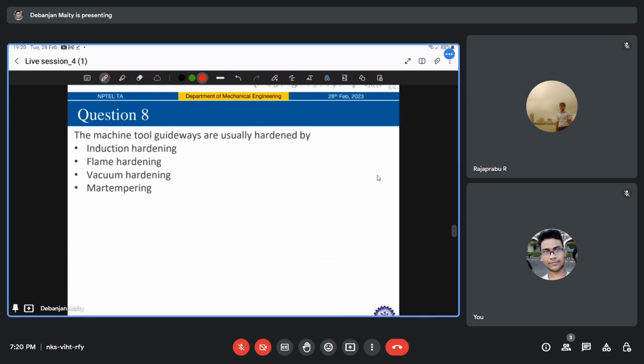Okay. Now here it says the machine tool guideways are usually hardened by induction hardening, flame hardening, vacuum hardening, or mar tempering. So if you see, machine tool guideways are usually hardened by the flame hardening process.